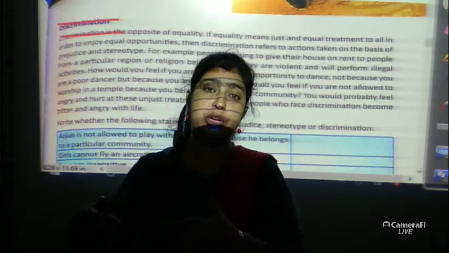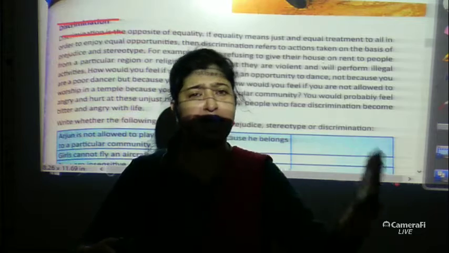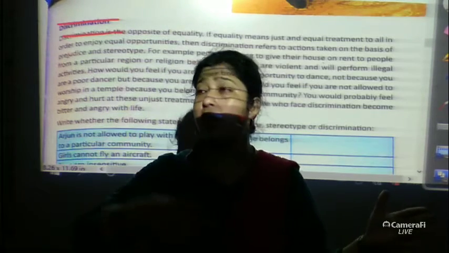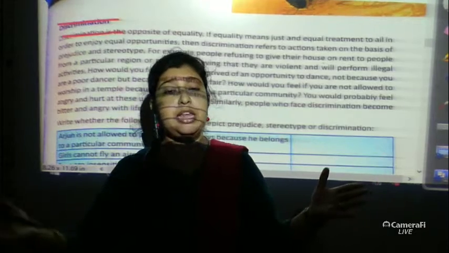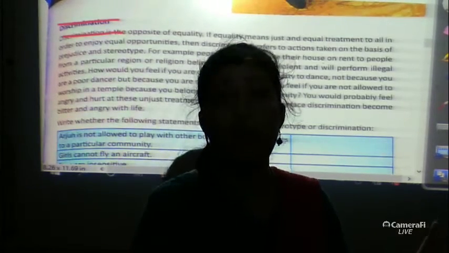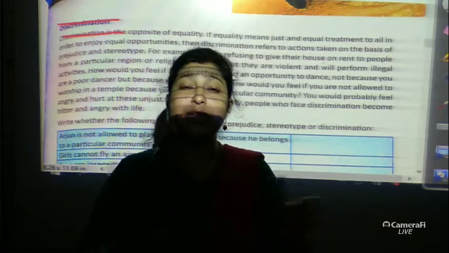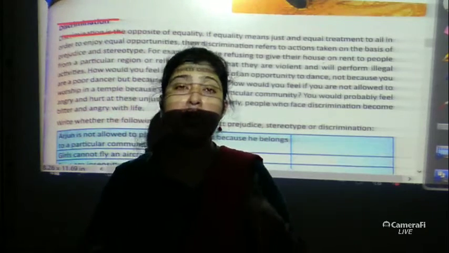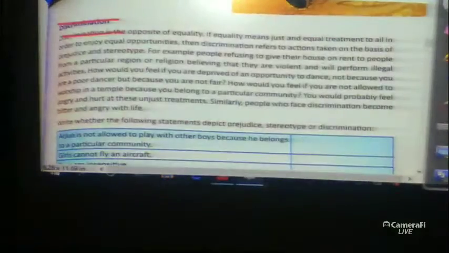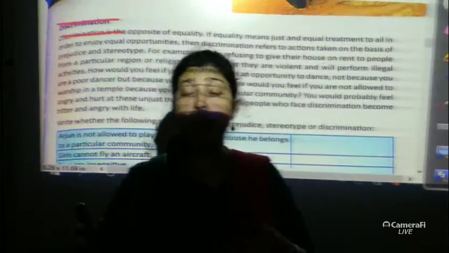The opposite can also happen, that a Muslim person is not allowed to rent in any Hindu family's house. So this is the situation, and this is another type of discrimination. If it happens, then the other community's people get violent. So violence is coming.